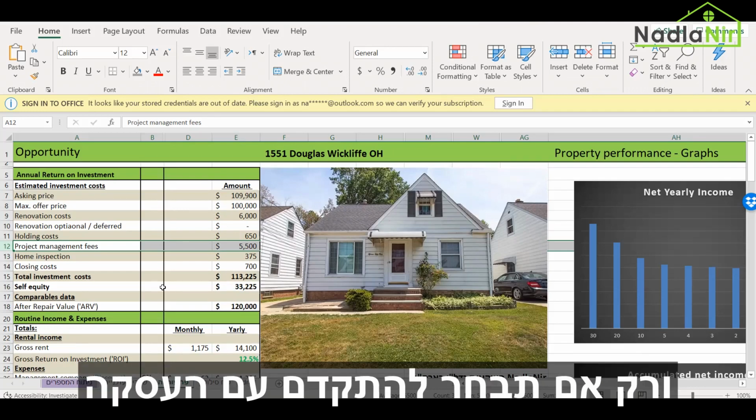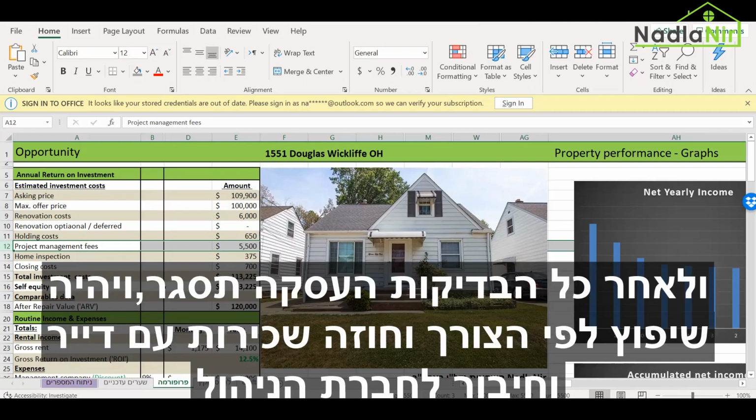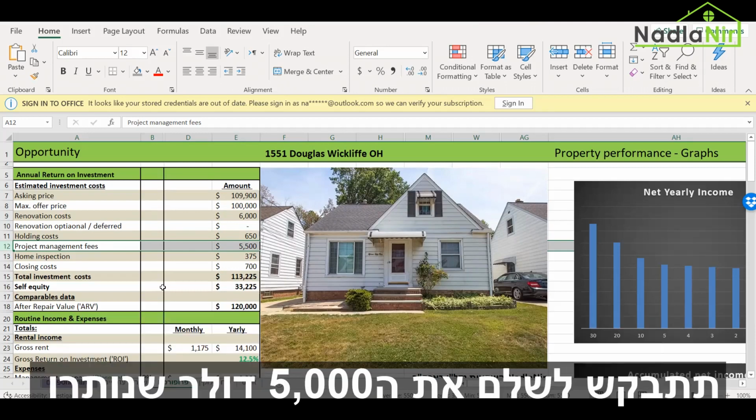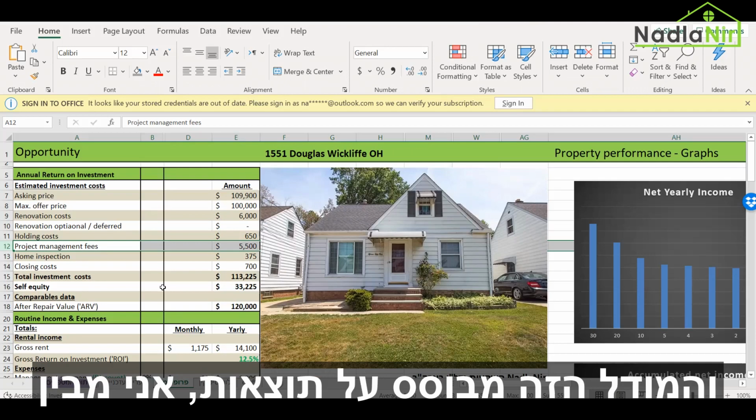And only if you choose to proceed with the deal and we're doing the due diligence, closing the deal, rehabbing if needs be, connecting to property management, and you have the lease contract with the property management, meaning you are starting to get your income, then we get the income ourselves for the work with the remaining $5,000. And in this sense, the model is based on results, and the result or the event is having the lease in place.